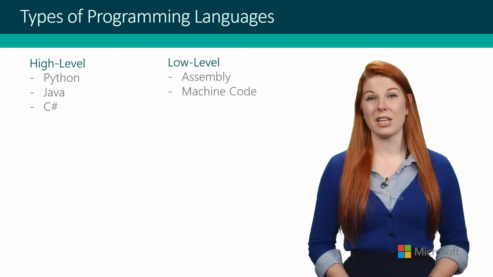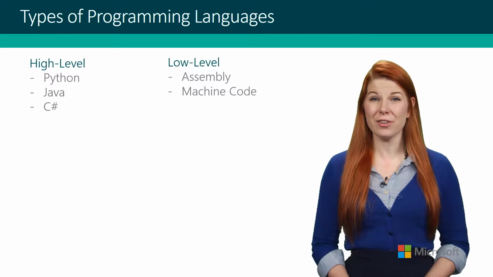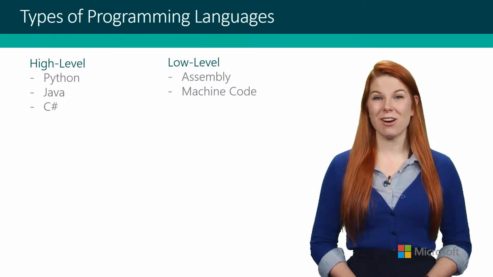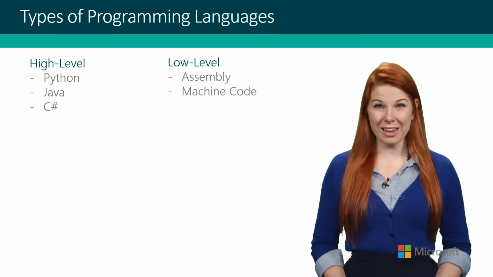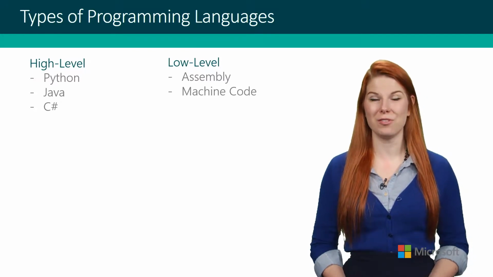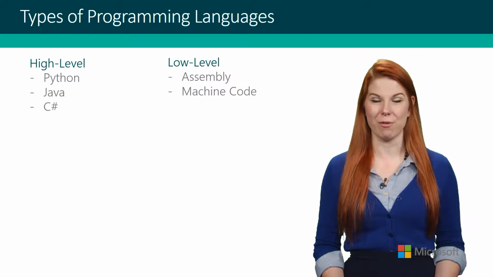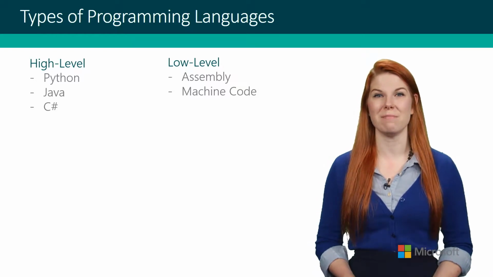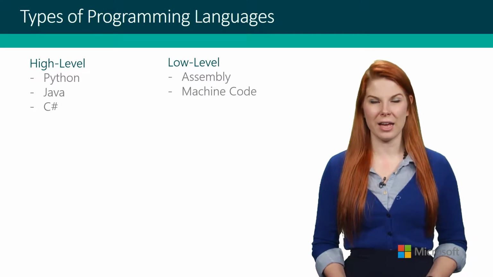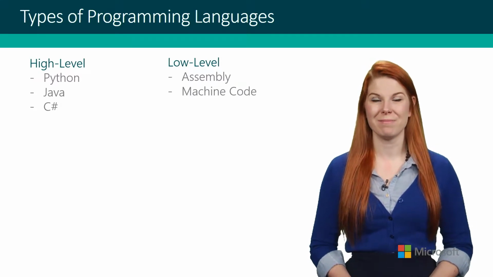Then you have things like low-level languages, meaning they sit very, very close to the hardware. These are so specific to the device that, in fact, they are different languages based on which actual physical thing you're writing the program for. These are things like assembly or machine code that directly affect the memory and what executions these machines make.